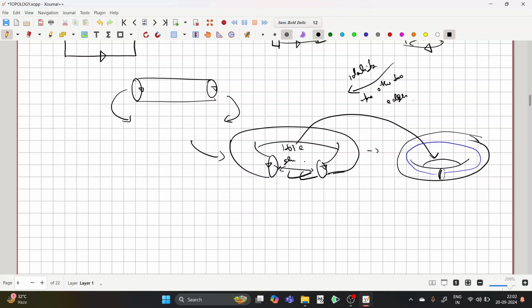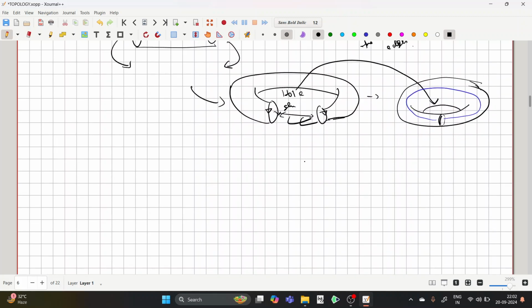Now what I claim is that a torus is homeomorphic to S1 cross S1. What is S1? S1 is typically the unit circle. Okay, this is my claim.